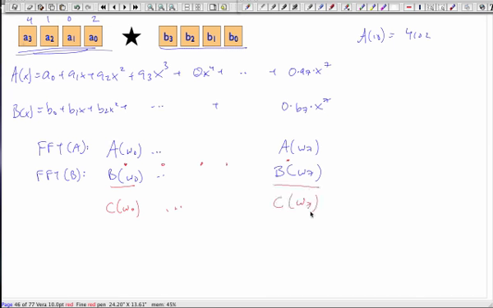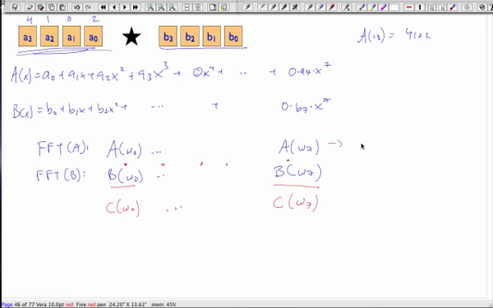This is why some representations of polynomials are better. If you want to multiply polynomials, the way we're going to do this in this algorithm, we're going to first evaluate the polynomial at twice as many points. So in this case, the degree was 3. It was 4 elements, so we're going to evaluate it at 8 points, both for a and for b. And then we're going to multiply each of those terms component-wise.